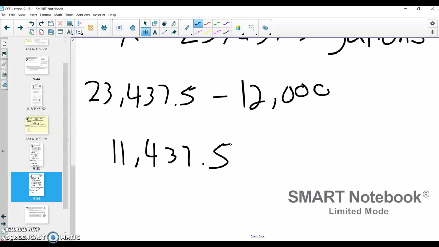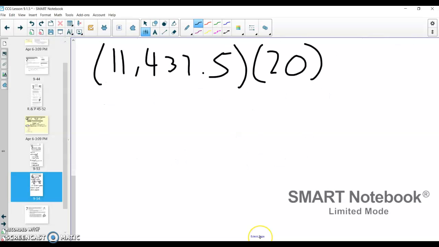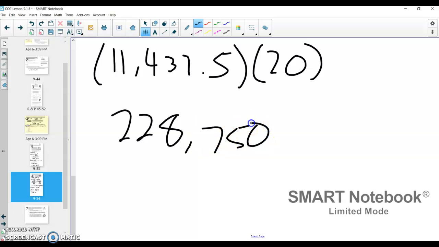All right? But that's just one barrel. So one barrel can hold 11,437.5 more gallons, but we have 20 of those barrels, so we have to multiply our answer by 20, because each barrel is able to hold that much more. By buying 20 of these large barrels, this company can now hold 228,750 more gallons.